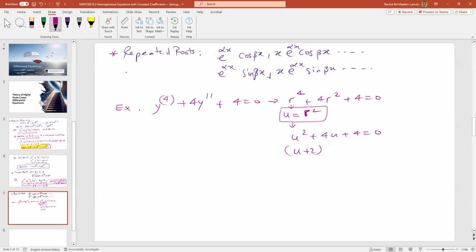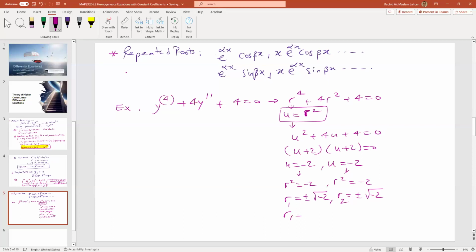Then this gives us the root. So now back substitute: r squared equals negative 2, which means r is plus or minus square root of negative 2, so r sub 1 and r sub 2 are plus or minus i times square root of 2.